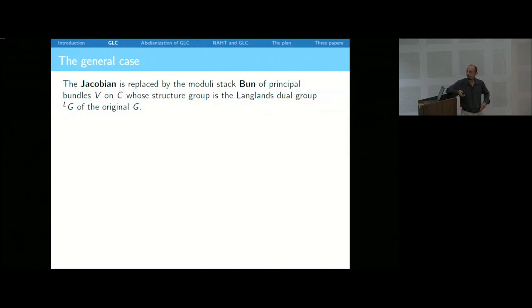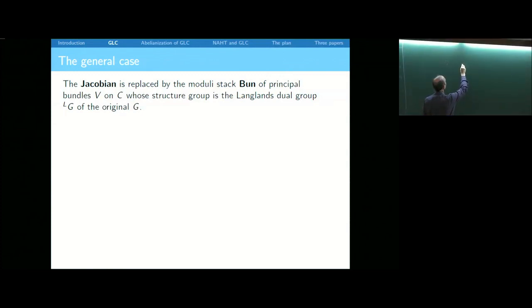In general, if you have a Lie algebra g, you have two lattices that correspond to it. You have its weights and its roots.